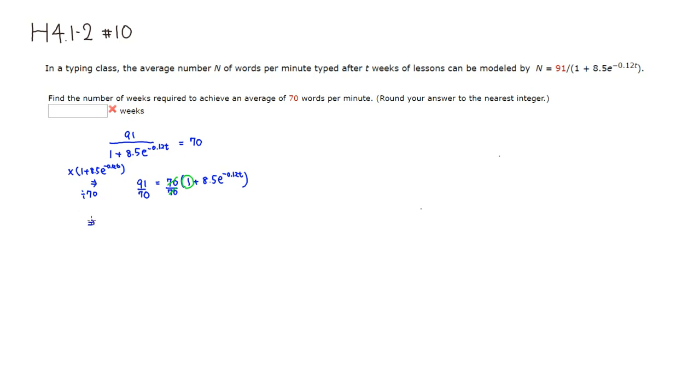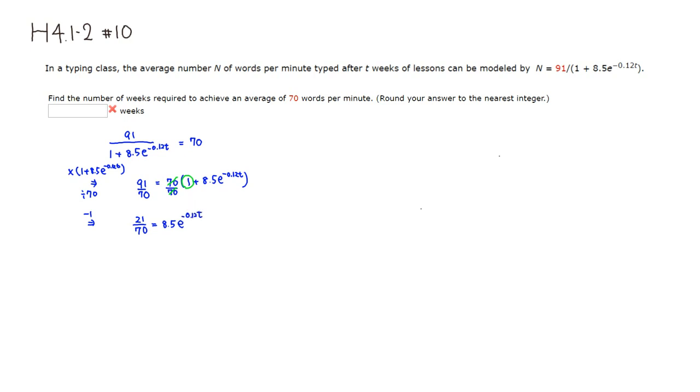So it's 91 over 70 minus 70 over 70, which is 21 over 70, equal to 8.5 e to the negative 0.12t.